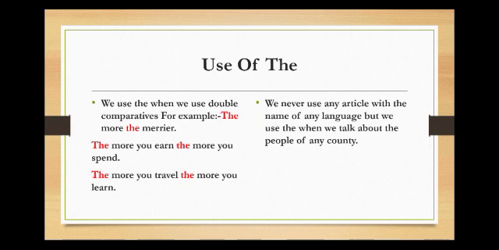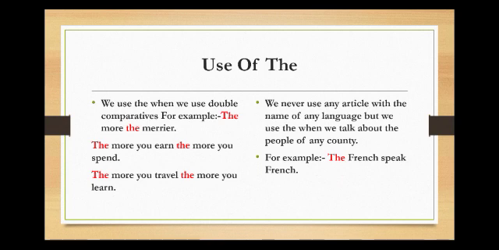For example, the French speak French. Over here, I have used the word French 2 times. The first French is the people of France. That is why I am saying the French, because I am talking about the French people.